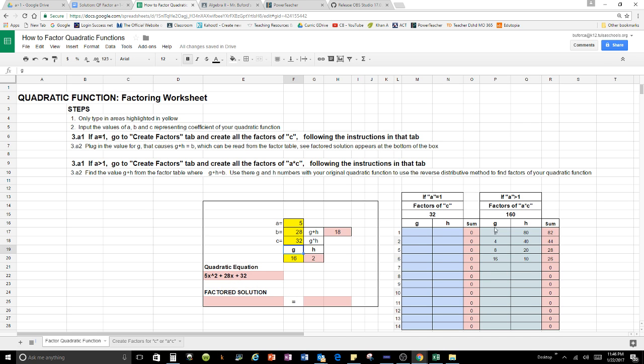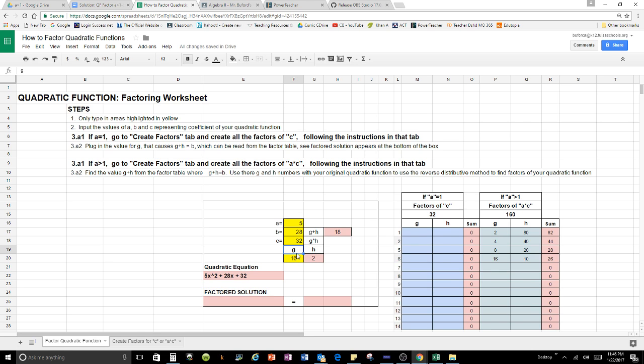And what you can see here now is when A is greater than 1, the information is logged in this table over here. And if you notice, the number here is 160 instead of 32, because whenever A is greater than 1, we don't want to just factor C, we want to factor AC, which is the product of A times C. And so that's why we have the 160 here.